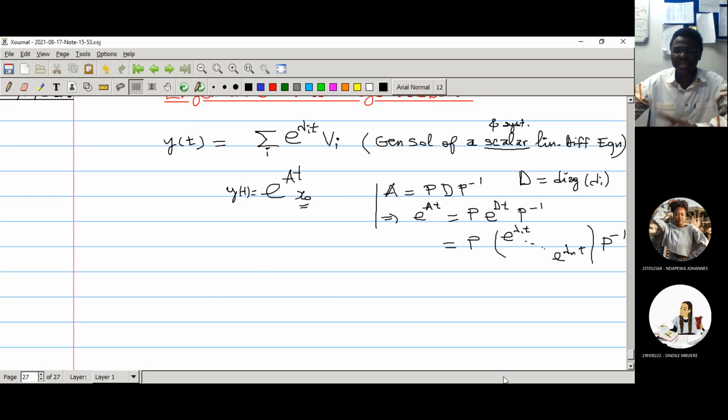Okay, this being said, I can now dive into the methods. The simplest method, the very first method, when it comes to the computation or approximation of eigenvalues and eigenvectors, is the method called the power method.